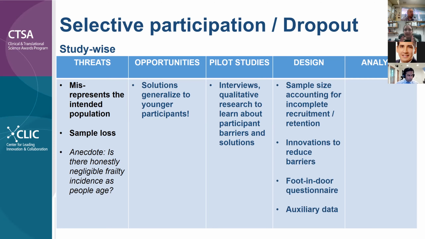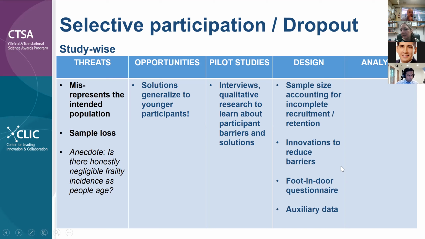Study design really, as you know, is far better than trying to fix things statistically. So, at the very least, a sample size inflation to account for incomplete recruitment and attrition, but innovations to reduce barriers. I think the last two may be underutilized.